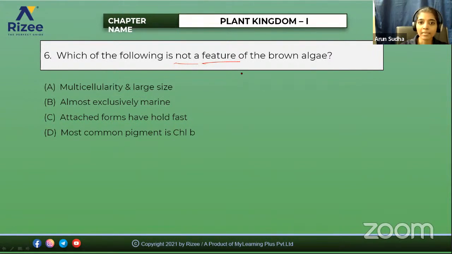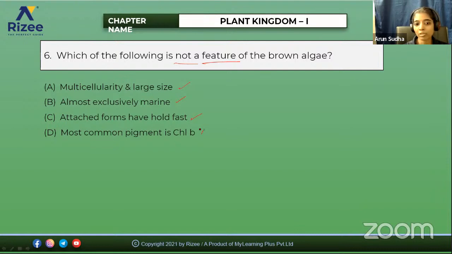So why is it D? We know that brown algae, for example kelp, grow even up to 100 meters. So it is multicellular and of large size, which is true. It is almost exclusively marine, also true. And attached forms have a holdfast, with the help of which it is attached to the substratum, also true.